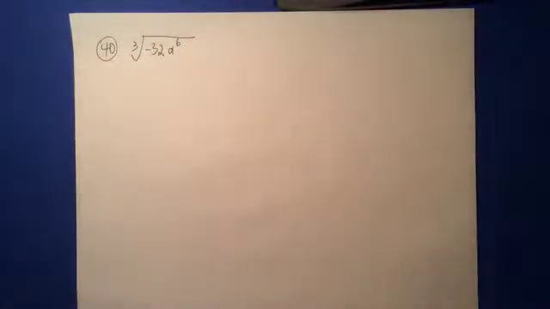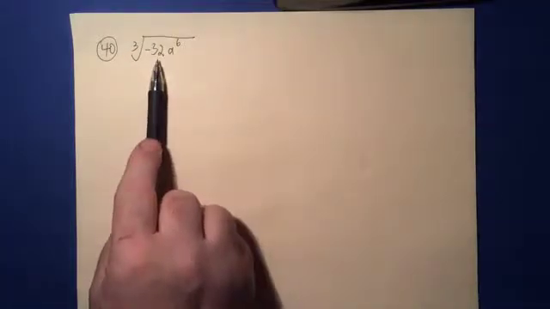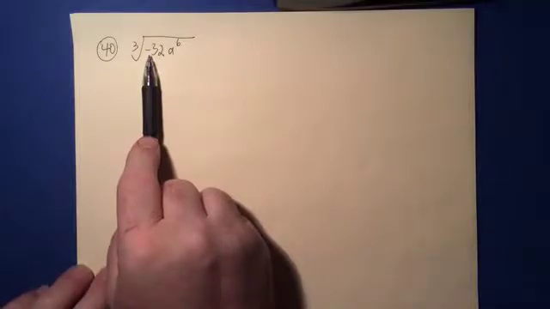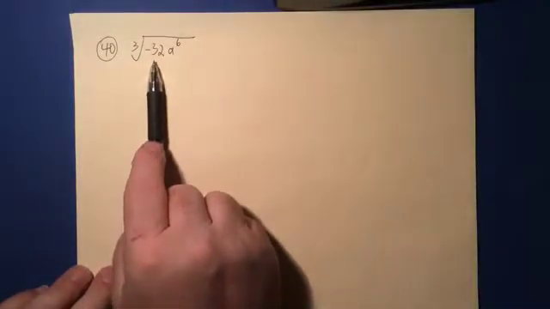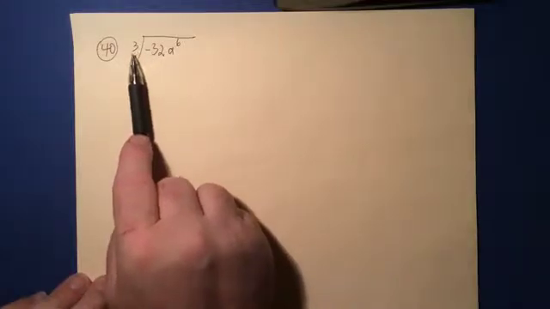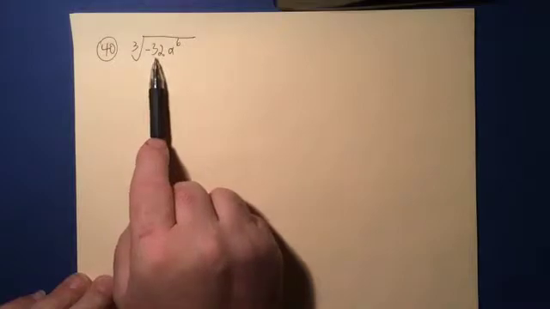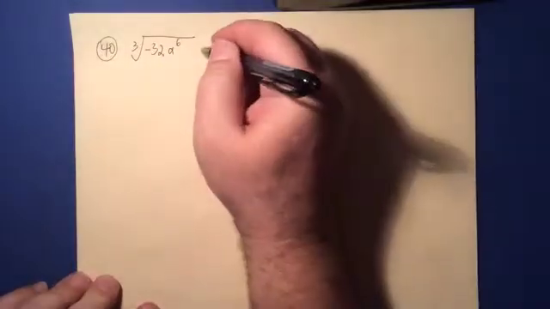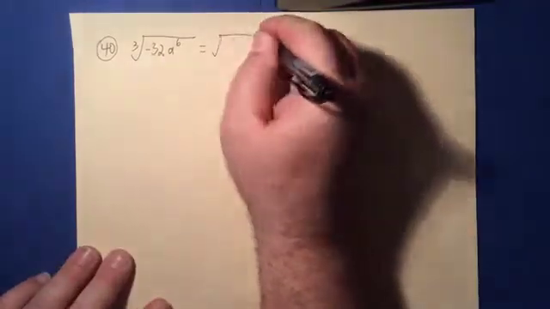So you may or may not know that negative 32 is not a perfect cube. Because it's an odd root, the negative doesn't matter. So we need to find some factor of 32 that is a perfect cube. So we will be splitting this up a little bit in the following way.